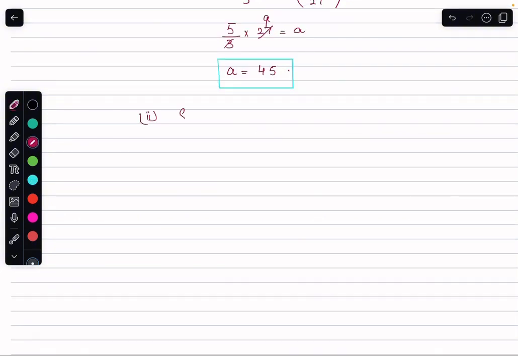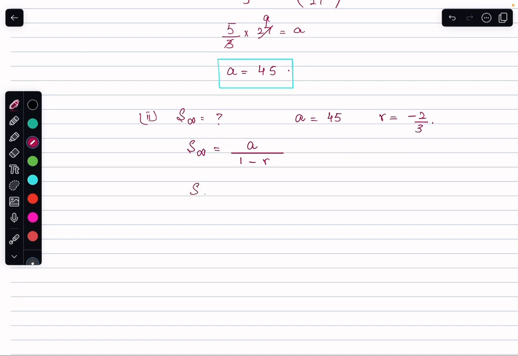Part 2 is asking for the sum to infinity. For the sum to infinity, I have the first term, which is 45, and r in the question is given as negative 2 by 3. Sum to infinity equals a divided by 1 minus r.